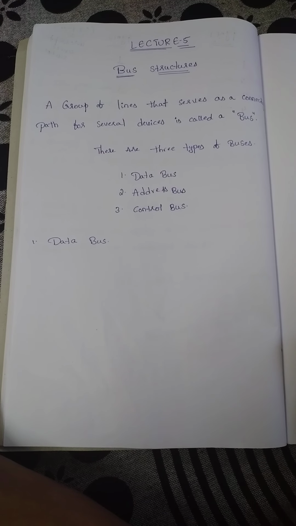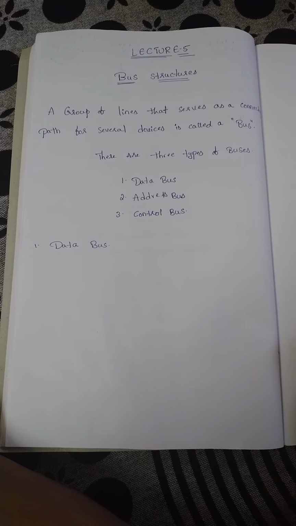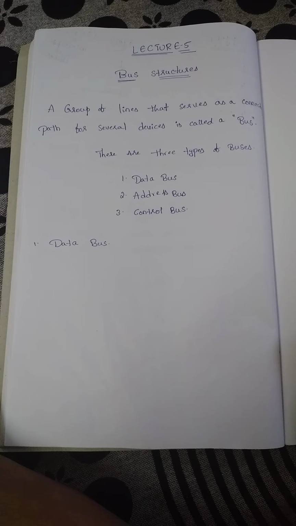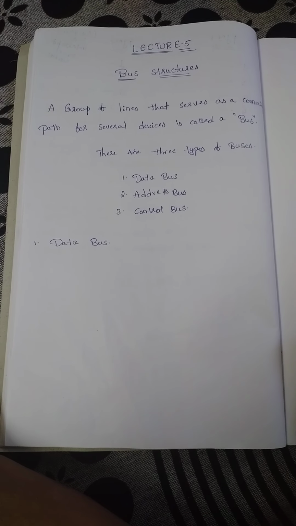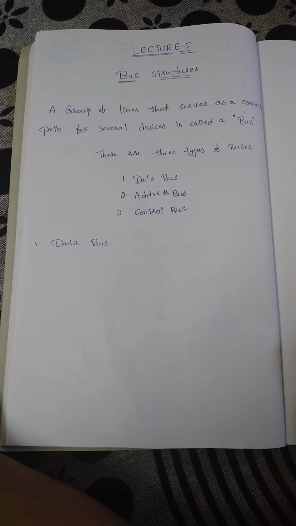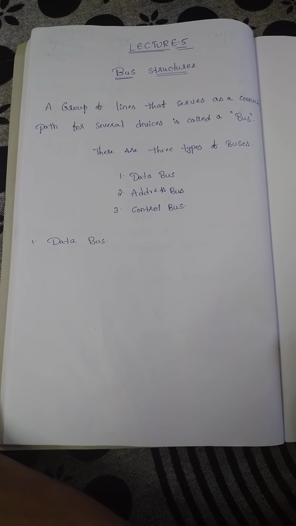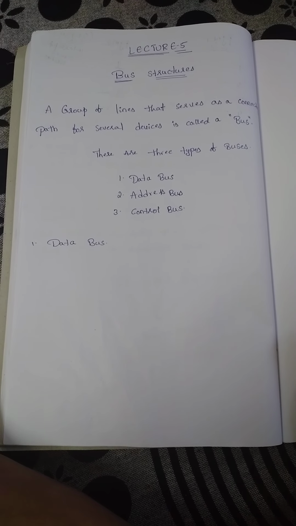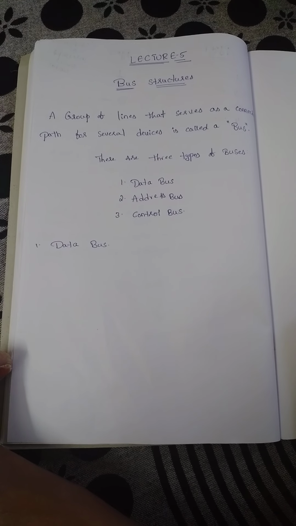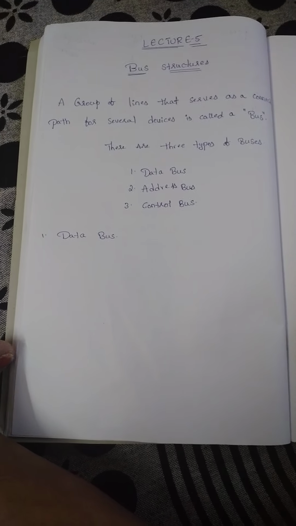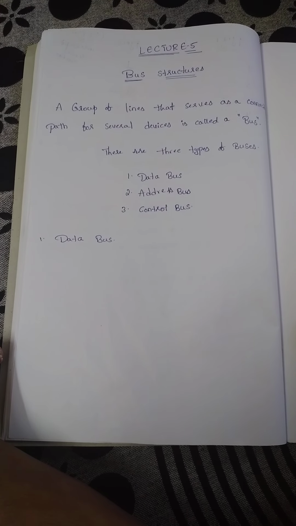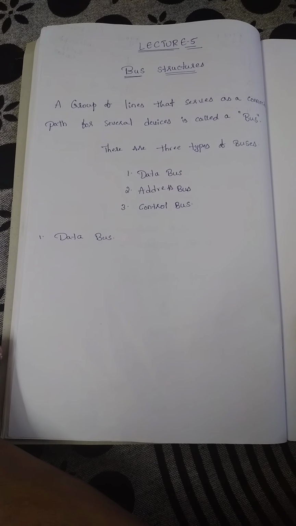Suppose we want to transfer data between two registers, we have to transfer all the bits in parallel between those two devices. These bits are transmitted simultaneously over many wires or lines, one bit per line. So to transfer data between two devices, we have to use lines, so that data is transferred in parallel form.